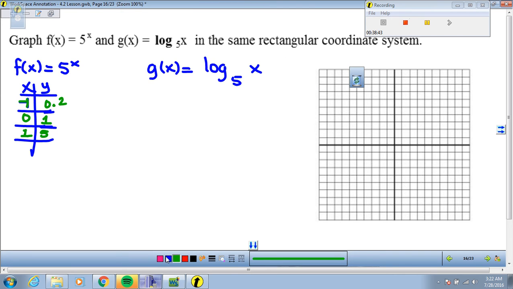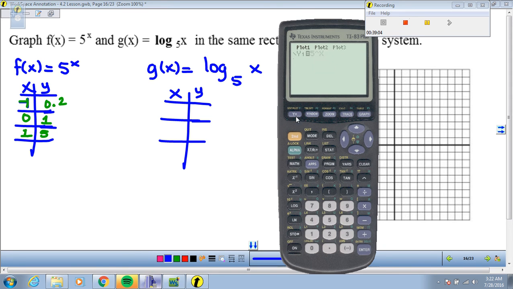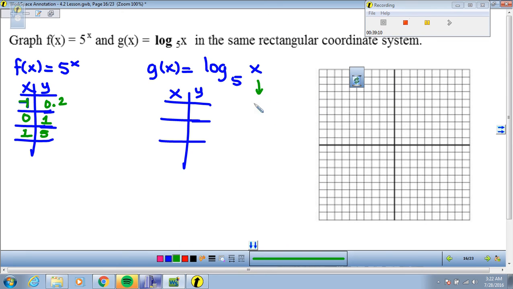Okay. And then over here for this one, with this problem, you're going to realize something. But let me graph this one first. How would you put this equation in the calculator? This is how you're going to put it: log of x divided by log of 5.